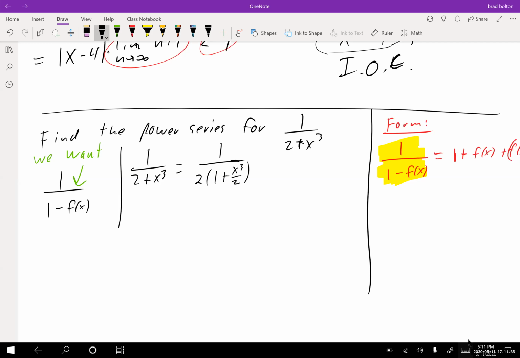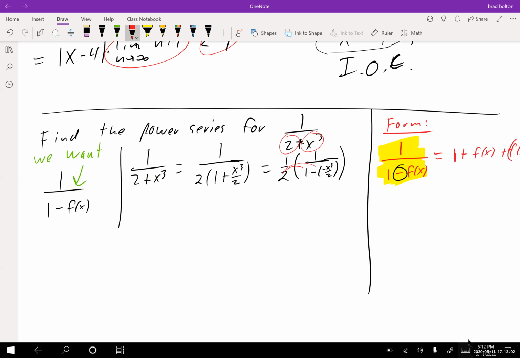But now it also says that I want it to be a minus sign in the middle. See this minus sign right there? So then I actually need this to be 1/2 times 1 over 1 minus a negative x cubed over 2. Now let's see. If I take the 2 and I distribute, I would get 2. And if I take 2 times a negative negative, I would get x cubed. So this is still fine.